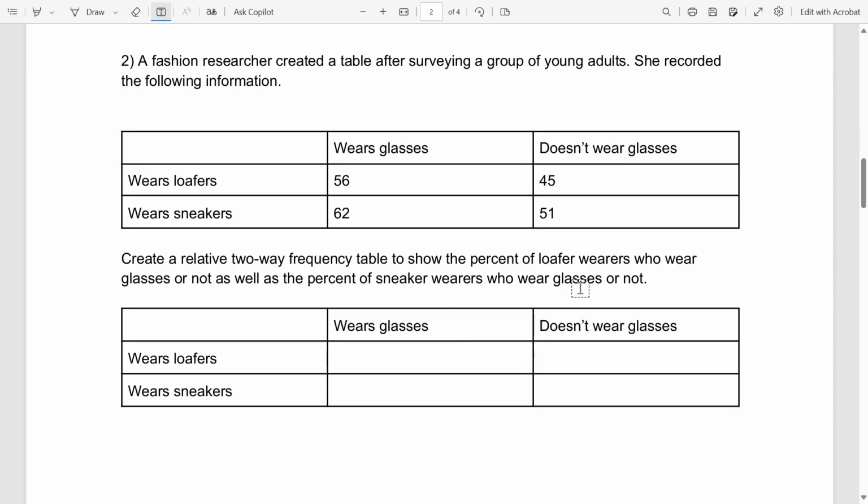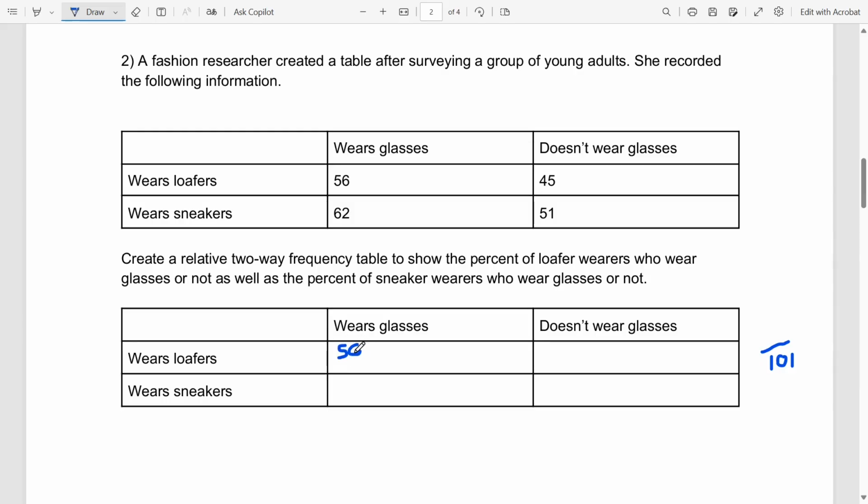Okay? So first we're going to look at loafer wearers. So we got to figure out the total here of the loafer wearers, and that's going to be 56 plus the 45. So the total, if we do that on the calculator, 56 plus 45, that's going to be 101. So we're going to be out of 101. All right, so we have 56.